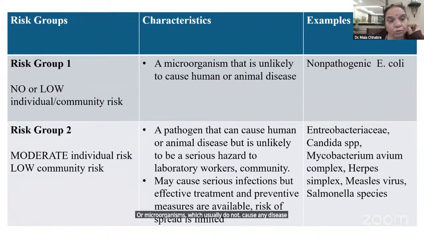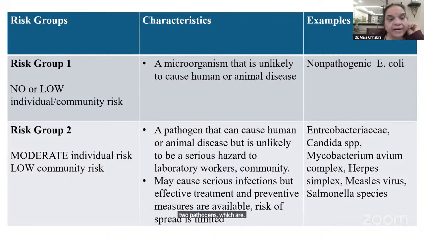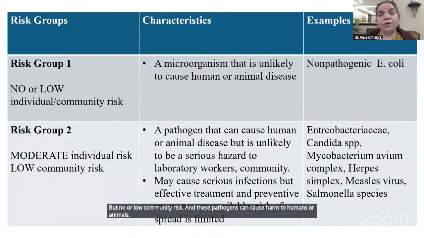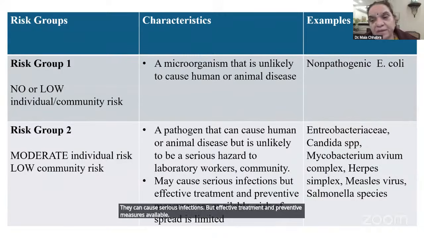Coming to risk group 2 pathogens, which cause moderate individual risk, but no or low community risk. These pathogens can cause harm to humans or animals, but they are not a serious hazard to lab workers or community. They can cause serious infections, but effective treatment and preventive measures are available, and risk of spread is very limited.